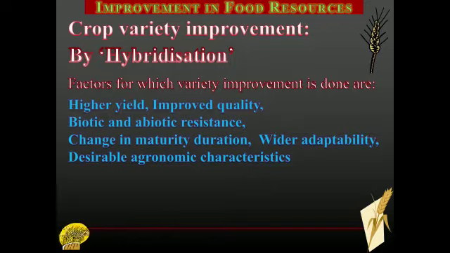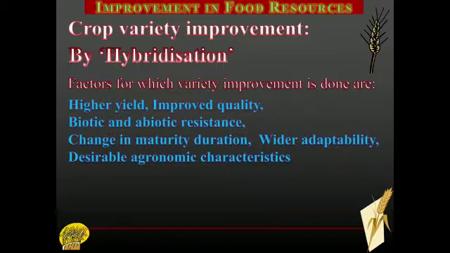But if its maturity duration is shortened, let it become 3 months now, then the farmer will have 4 cycles, as 3 plus 3 plus 3 plus 3 equals 12. That means a year. So directly the time has shortened and the profit as well as food resources are present in abundant amount.